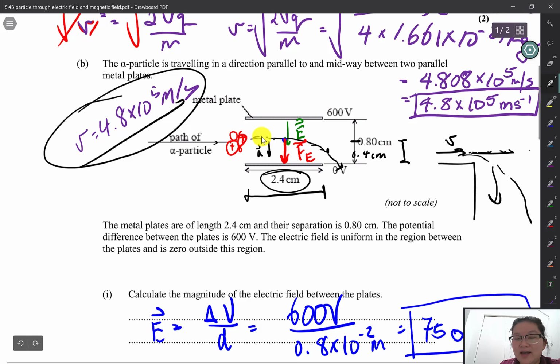If it moves less than 0.4 centimeters downwards, it will make it across the plates. If it moves more than 0.4 centimeters in the vertical direction, it's going to hit the plate before it's able to escape it.